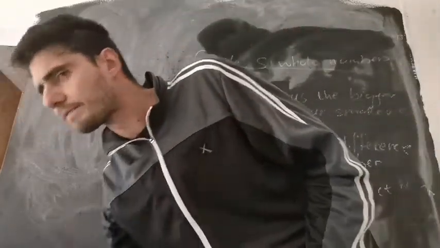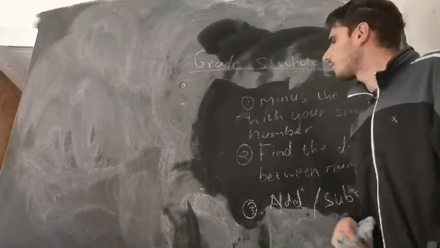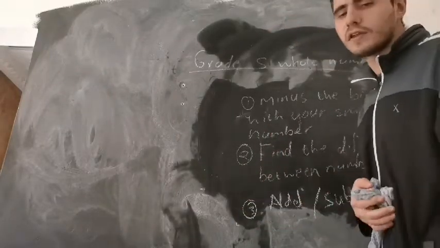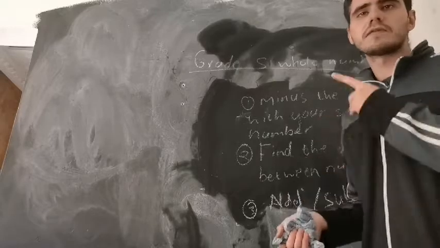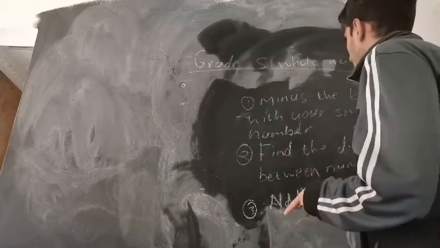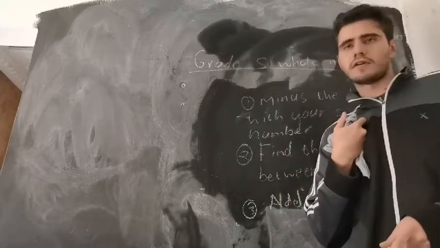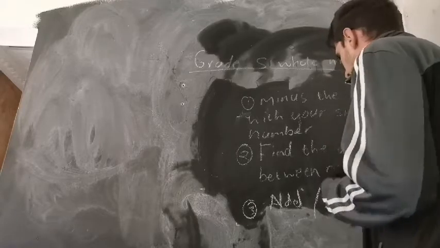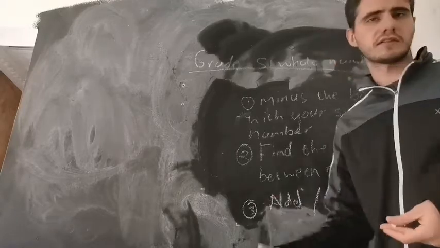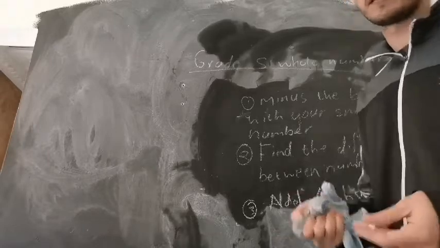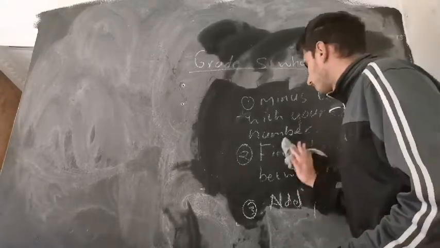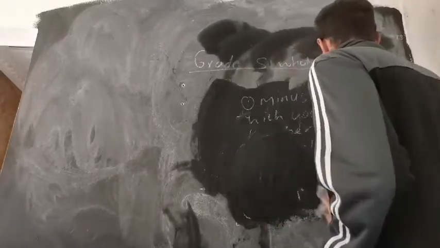So first of all, a quick recap. We minus the bigger one of the first two numbers with each other. Then you find the difference. Once you've found the difference, you add or subtract the difference to find the number that is missing or the next number. Okay, I hope this explains it.